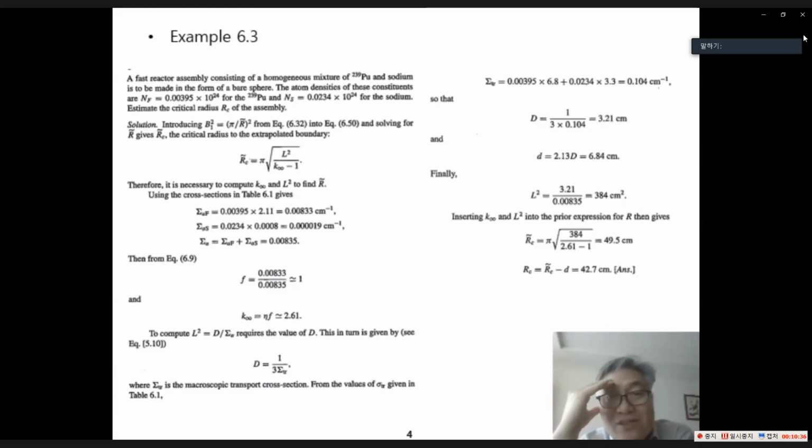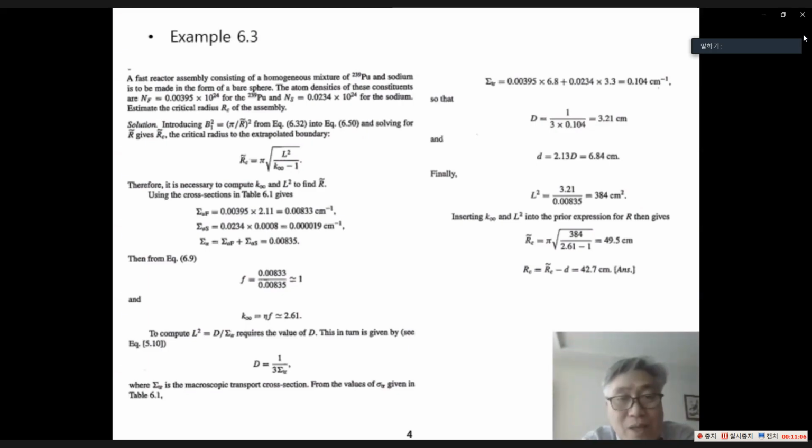The atom densities of these constituents are: for the fuel, plutonium, N_F is 0.00395 times 10 to the 24, and N_S for sodium is 0.02234 times 10 to the 24. Estimate the critical radius of the assembly. That means we have to calculate the right hand side first and then get the value for the radius.